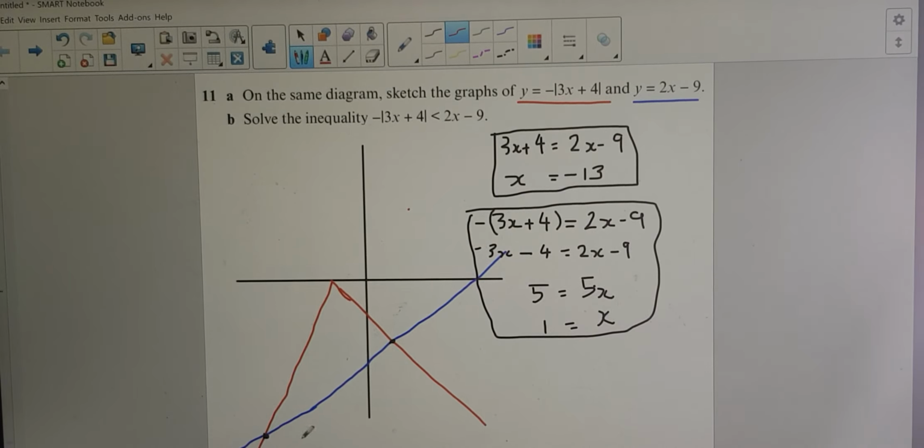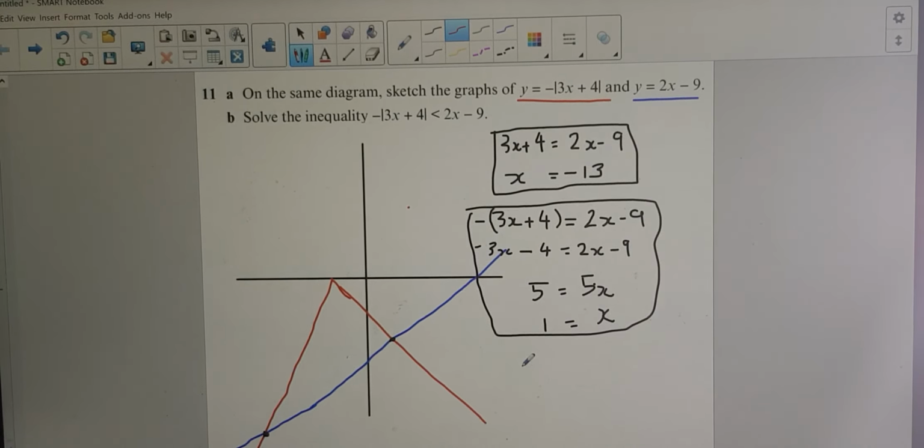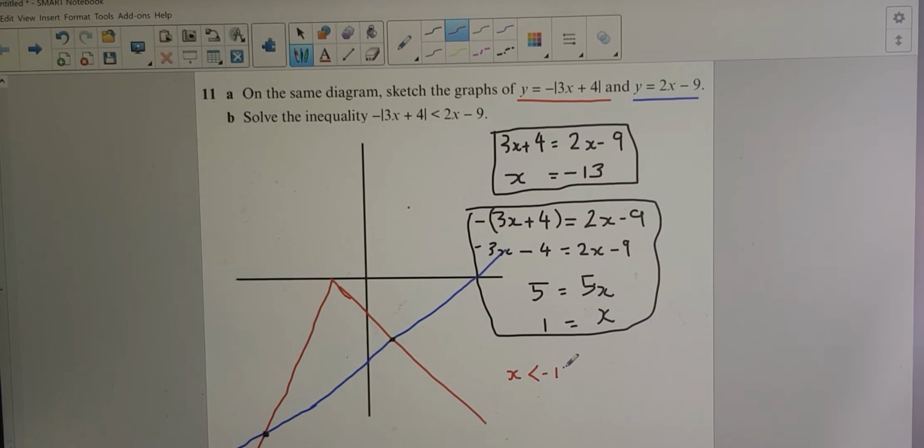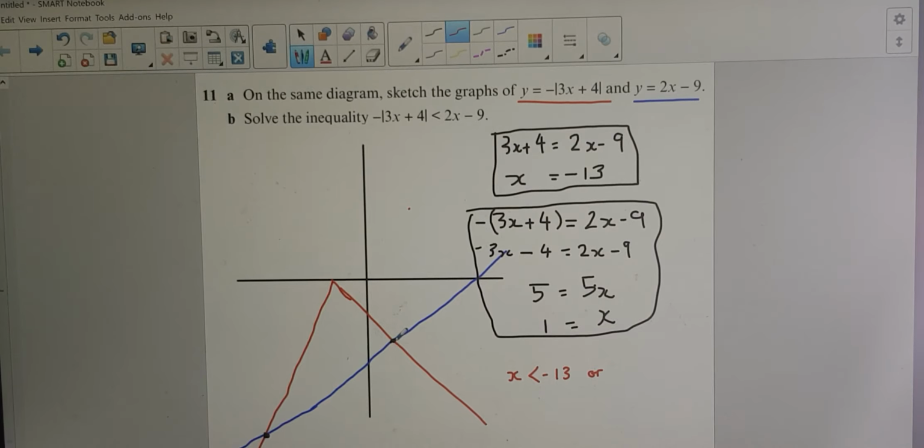So here I know my value of x is -13. Therefore one of my solutions will be x is less than negative 13. Or here I can see my values of x are increasing when it's underneath here. x is greater than 1.